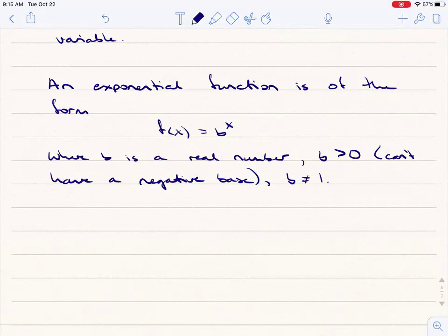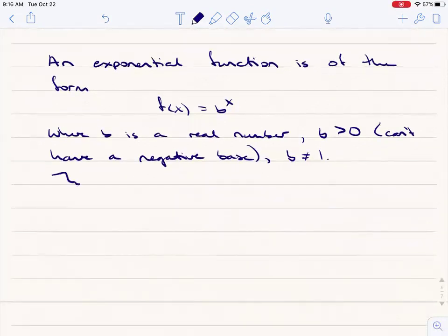Mostly because 1 to the power of anything isn't that interesting. It's just going to be 1 times 1 times 1 times 1, which is just 1. So we put that restriction on and say that b cannot be 1 because that would give us a constant function.